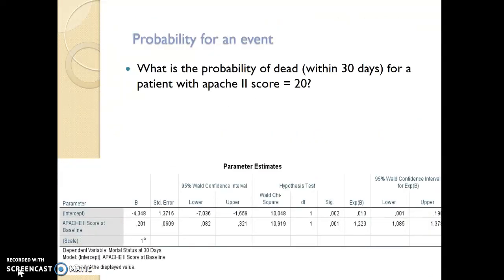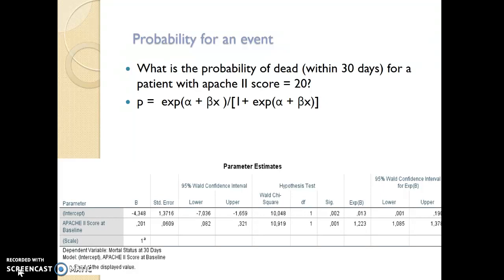Using the result from the analysis, we can further compute the probability for death for an individual with a certain Apache 2 score. For example, we want to see the probability for death if a patient has Apache 2 score 20. Before, we could see the formula for computing the probability, and this formula looked like this.